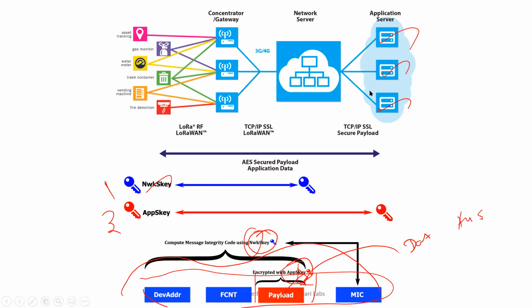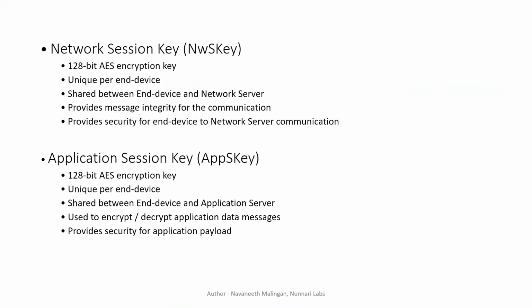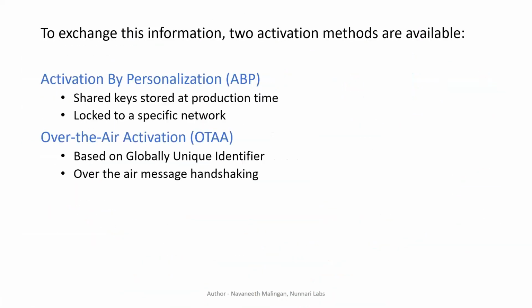And next, let's see the ABP and OTA. Fine. So ABP is activation by personalization. For ABP, what you need is the device address, the network session key, and the app session key.